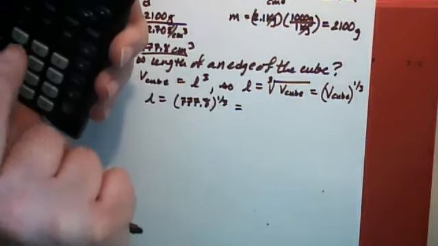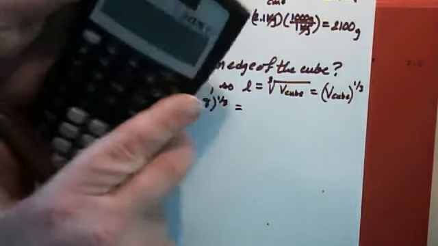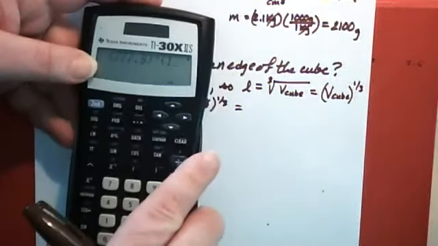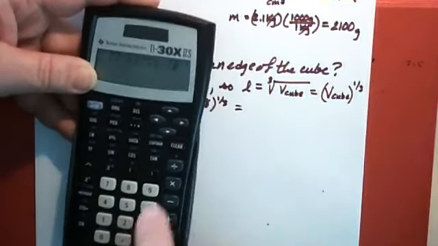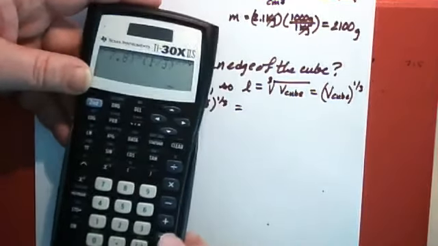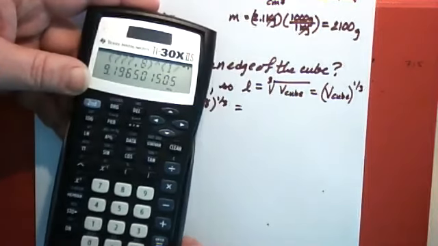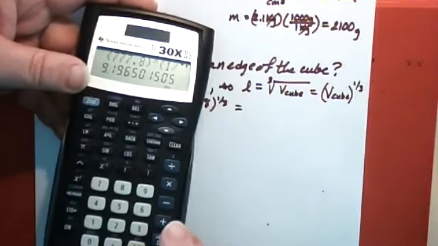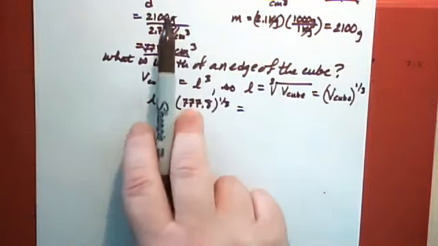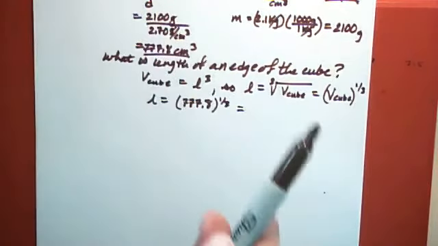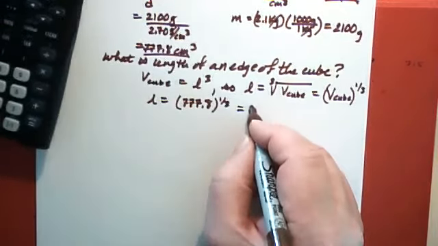Raised to the parentheses 1 divided by 3 power, if you wanted it to be as accurate as possible. And we get 1.196. Let's look at the significant figures here. 2.1 only has 2, so we're going to be limited to 2 here anyway.